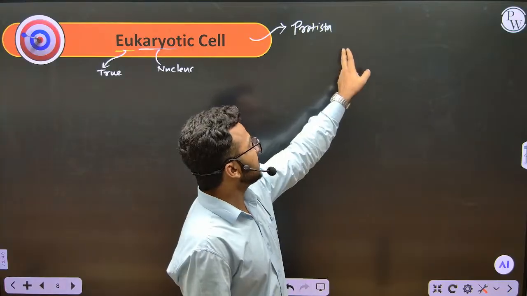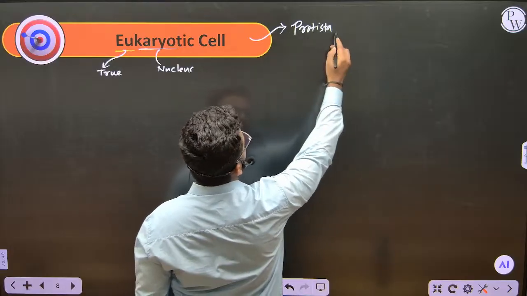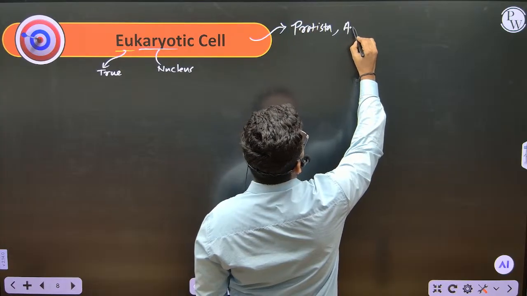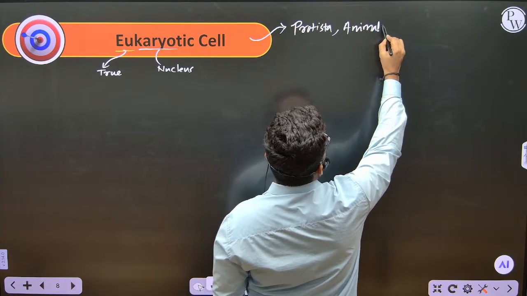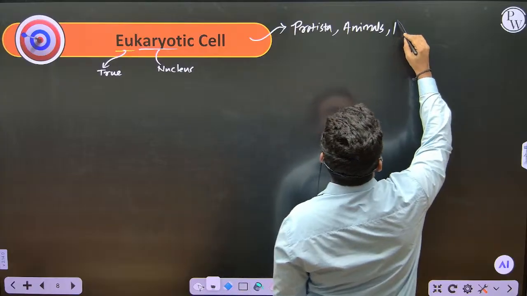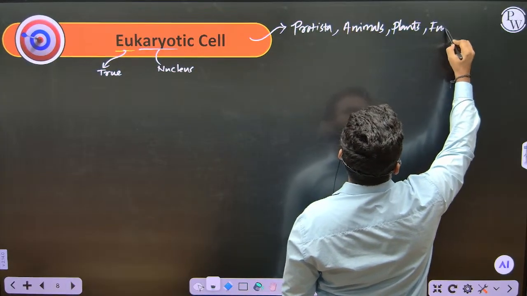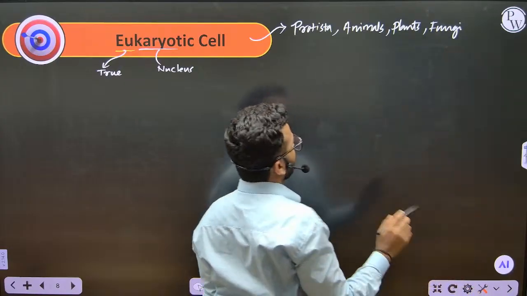This is the Protista kingdom. Eukaryotic cells are seen in Protista, and not only Protista, but also animals, plants, and some fungi, not some, all fungi.